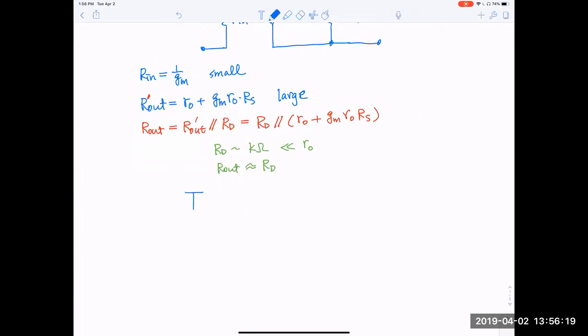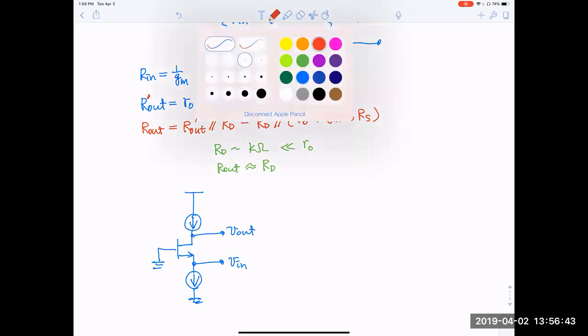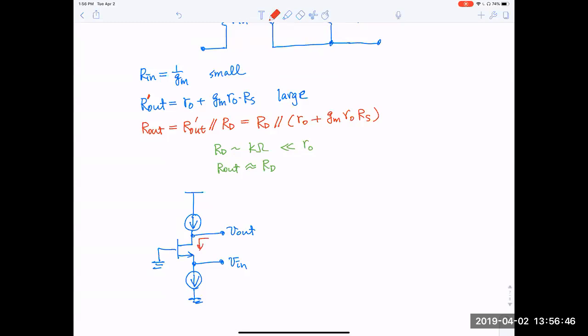So again, if we use a current source to bias a common gate configuration, this is the ground, and this will be our input, and this will be our output. Okay, and in this case, we will similarly obtain an R out prime, which is equal to just what we observed before. But if we look up to the current source, this resistance is basically infinity.